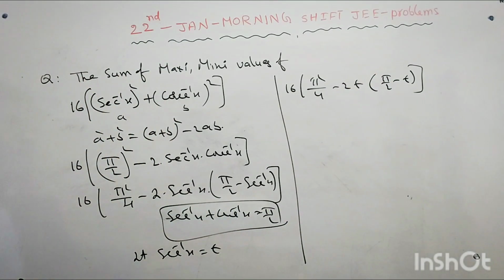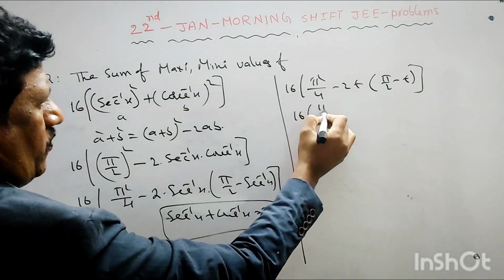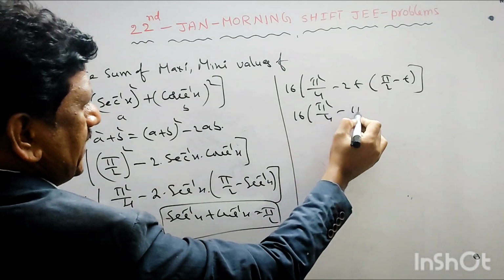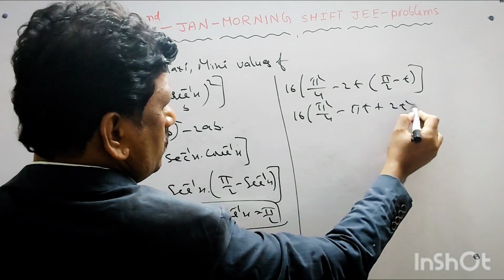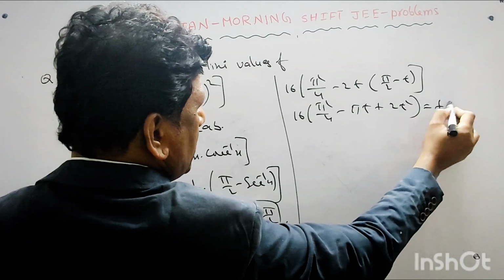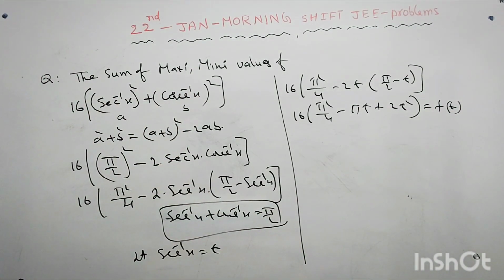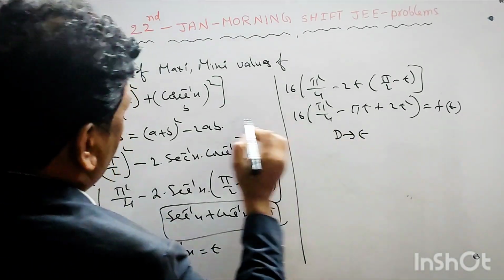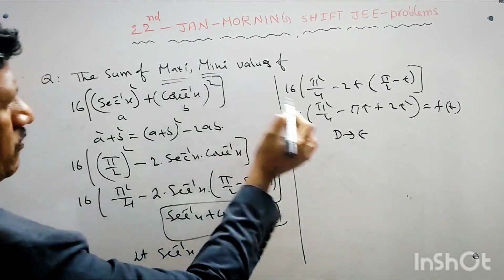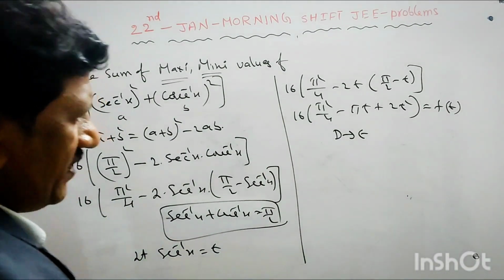Multiply minus 2t inside the bracket: 16 times of pi square by 4 minus pi t plus 2t square. You assume this function as f of t. Now start the derivation with t, because whenever you are asked maximum value, minimum value, if you apply the maximum minimum derivation concept, then the sum will be very easy.